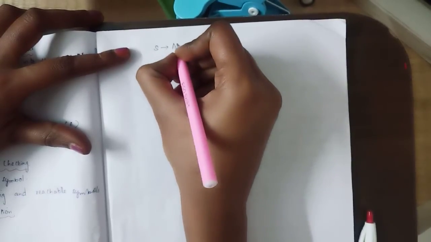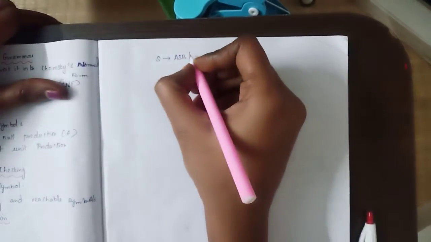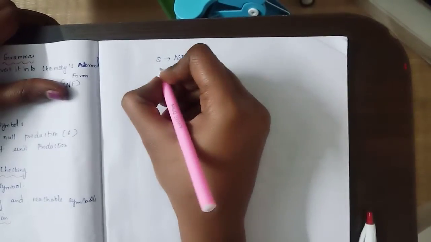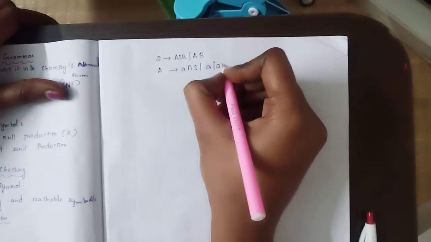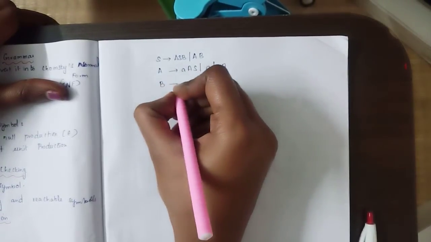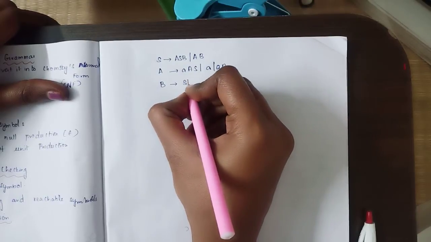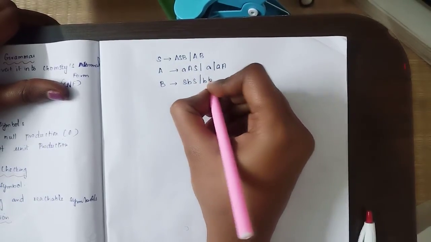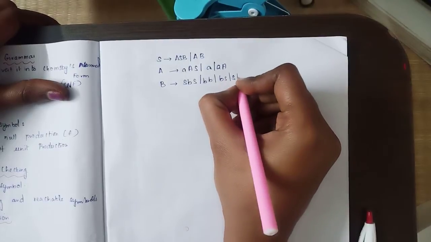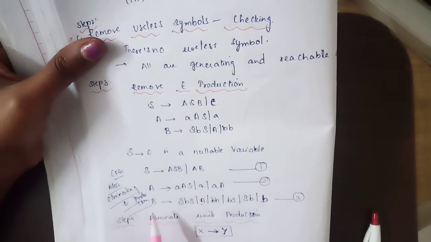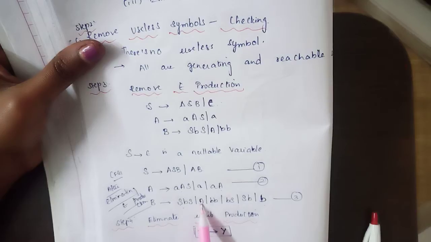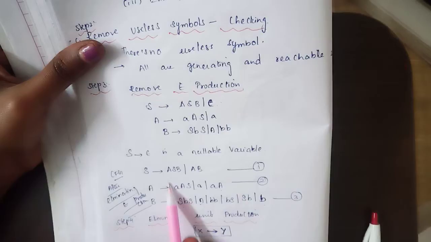S tends to ASB or AB, A tends to AAS or A or AA. After that B tends to SBS or BB, BS and SB and B. Now see this B. Here B contains A, so we have to replace this B by using A's production.